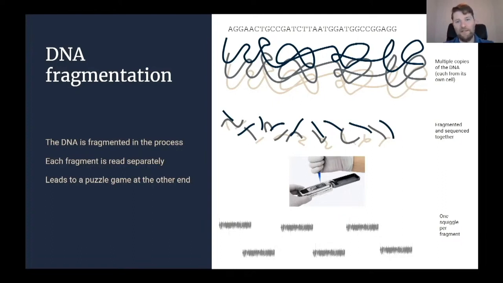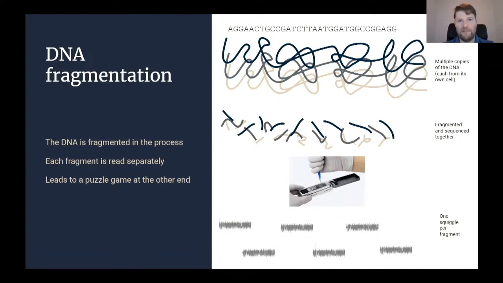So the DNA sequencer will only see a bunch of shorter and some longer DNA fragments. And these fragments are usually in the hundreds to thousands of bases long. And each of these fragments will then result in their own read, the signal chunk, the squiggle at the bottom.